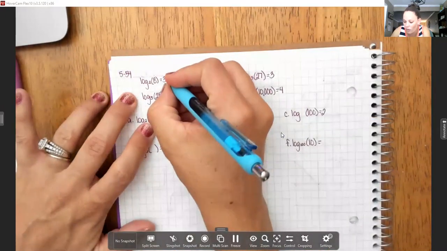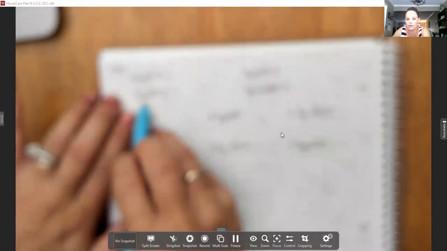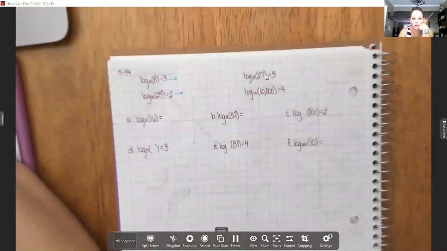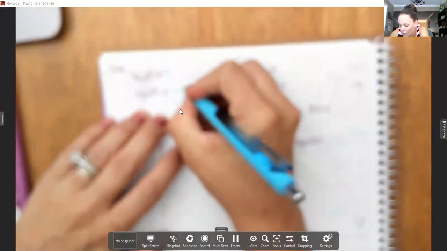So we know, and I think this one might be the easiest, the numbers 5, 25, and 2. We should know that they're related because 5 squared equals 25.